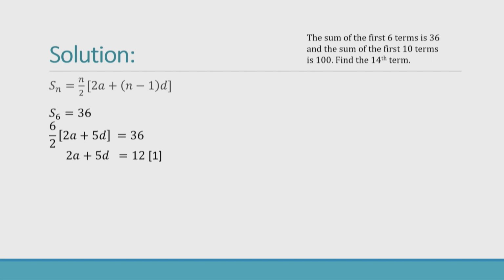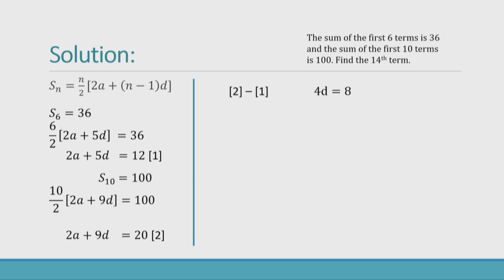The sum of the first 10 terms is 100. That is S10 = 100. I replace in the formula and I simplify to get the second equation as 2a + 9d = 20.